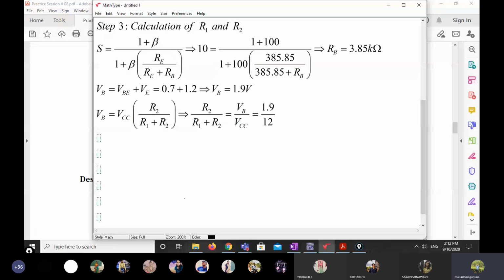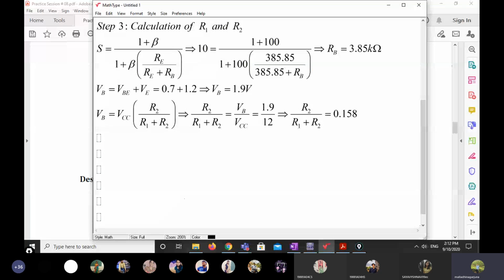How much? 0.158. Sorry, 0.158. Yes, 0.158. Okay, so this is R2 by R1 plus R2.